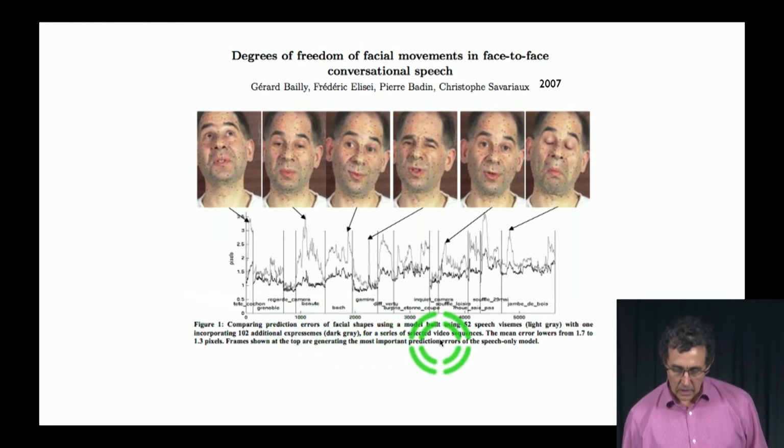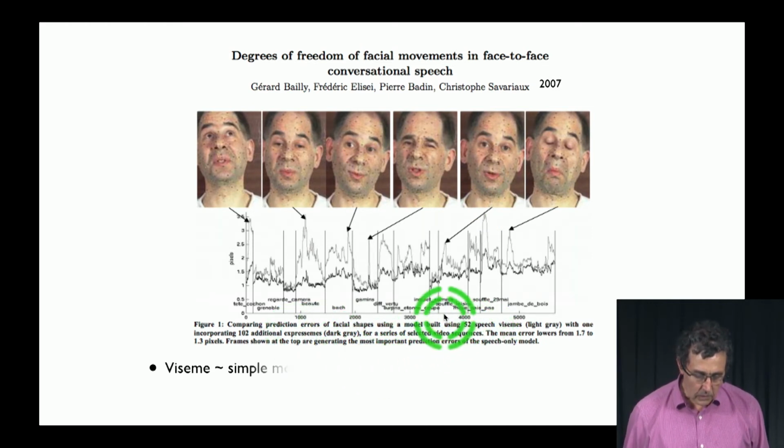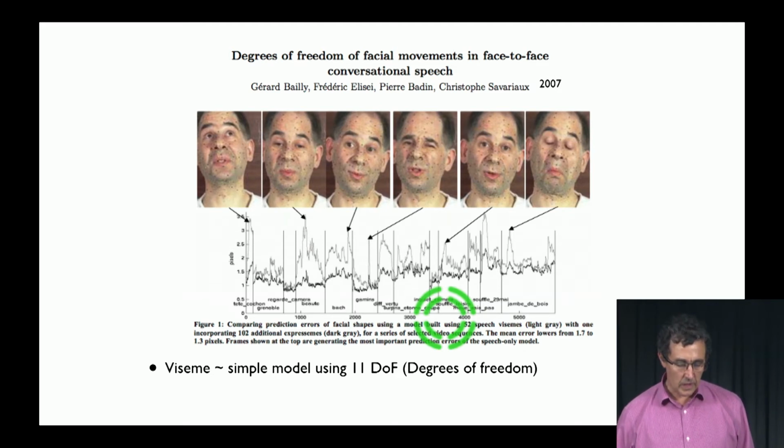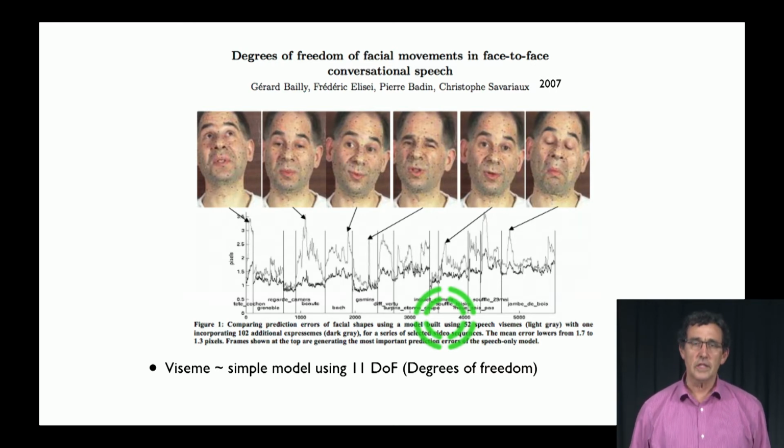The numbers that they quote are that if you use a simple model with 11 degrees of freedom, something like PCA, you can get a reasonably good representation for most facial gestures.